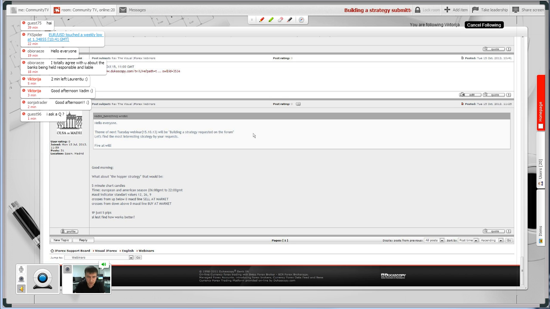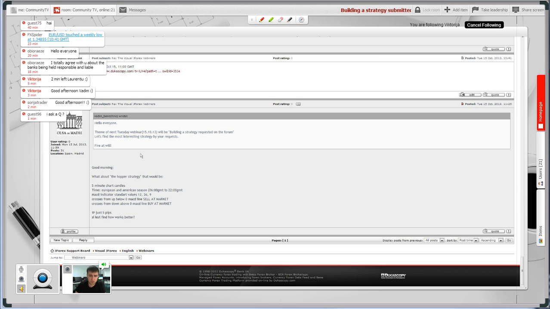It uses a value that crosses from down above the line. Take profit just for a piece. The loss, let's find out later.